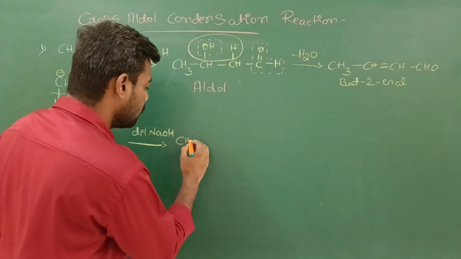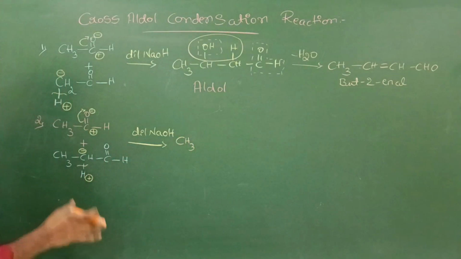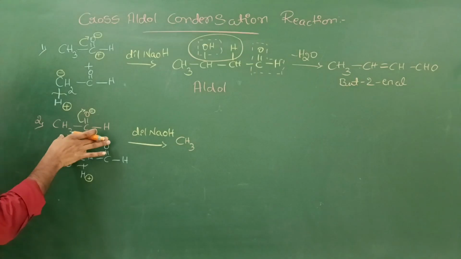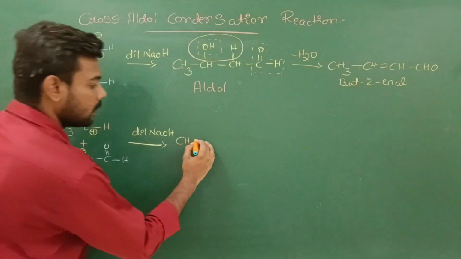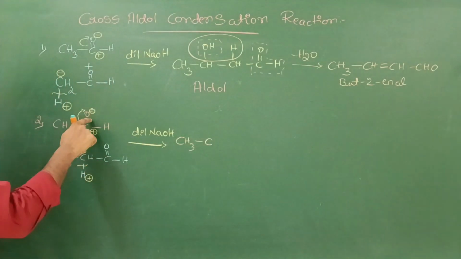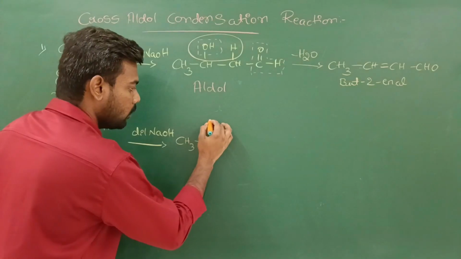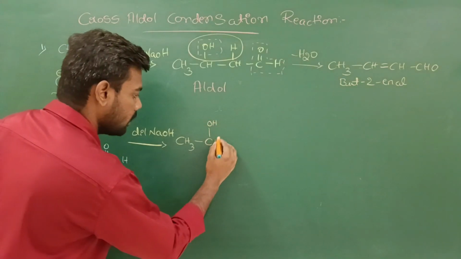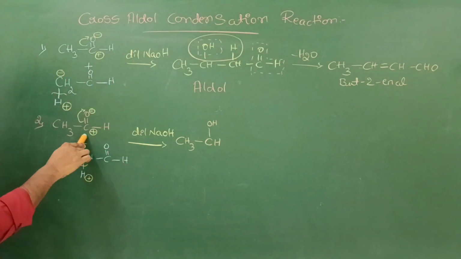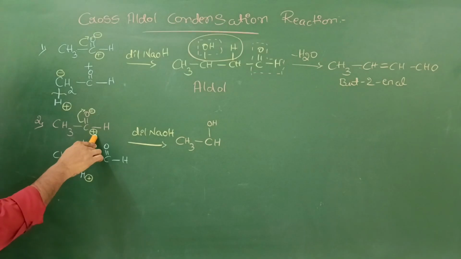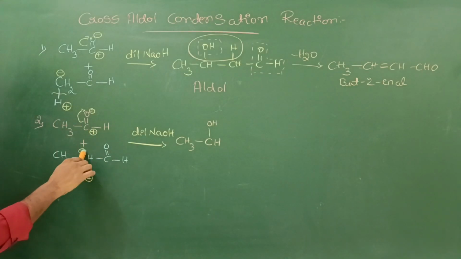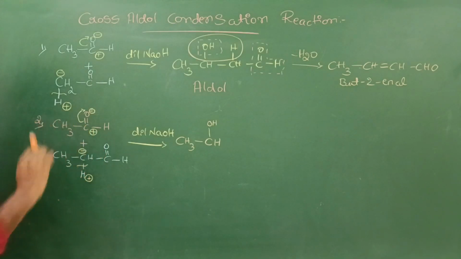Here, see here. First thing, you should write this part: CH3 C, and we have a single bond OH, H. This carbon carries a positive charge. Then this carbon will attack this carbon.